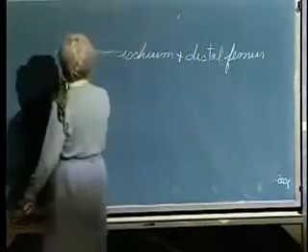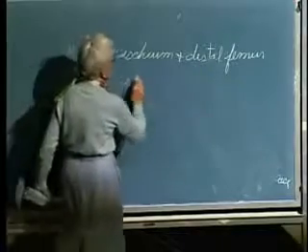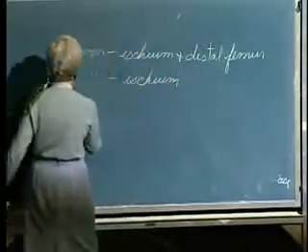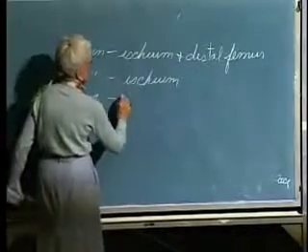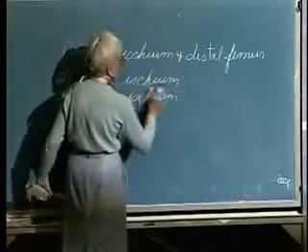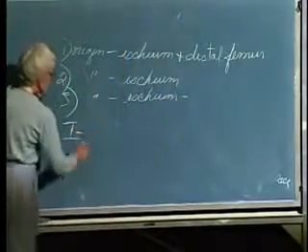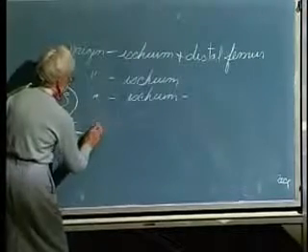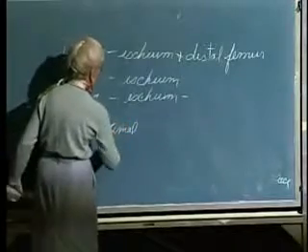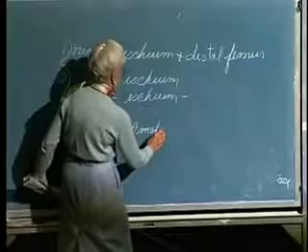And for 2, we'll just have the origin as the ischium. And 3, the ischium. And they will all insert on the proximal medial tibia.